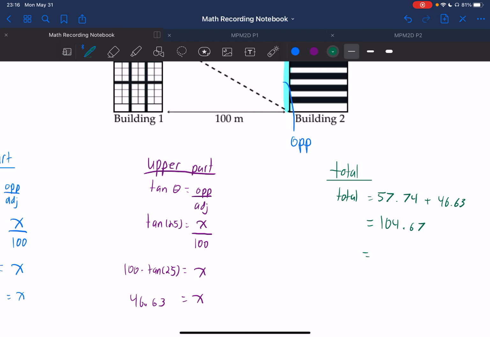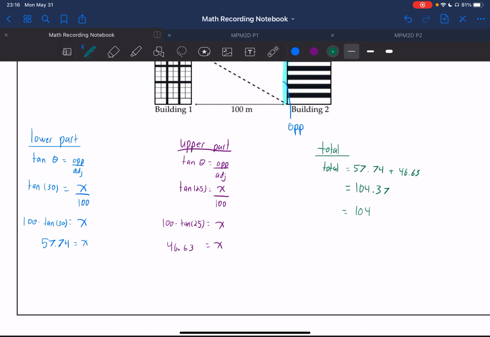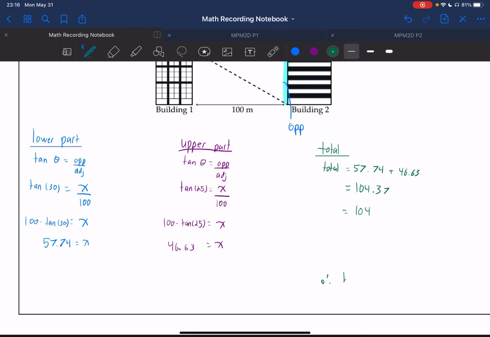Let me just double check my math there. A little bit off, I think. Yes, I am. That should be a 3, not a 6. And run that 3 into 4, that's just going to give us 104. So our therefore statement is therefore building 2 is 104 meters tall.